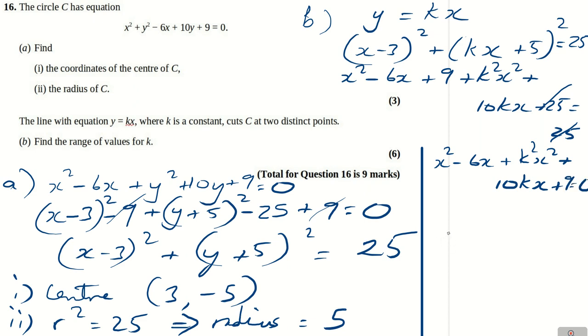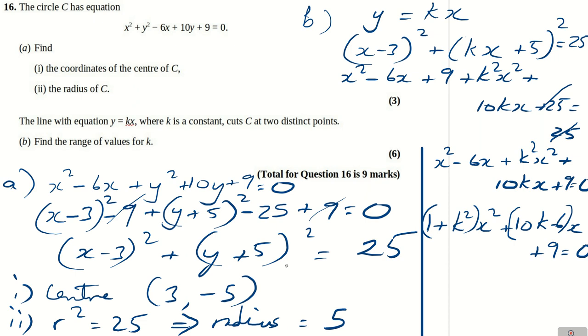So if I then collect like terms, I'm going to get (1 plus k squared) lots of x squared, plus (10k minus 6) lots of x, and I've still got plus 9 equals 0. So this is my equation.